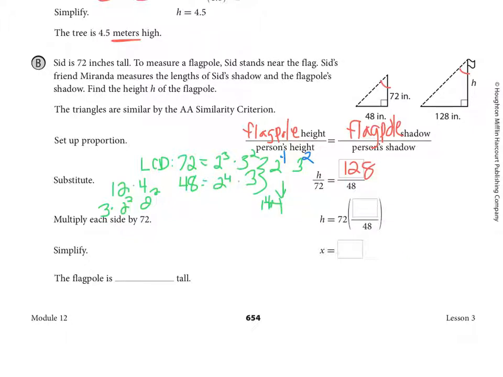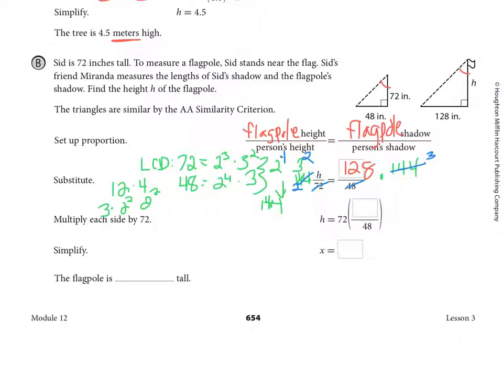Sorry, stylus issues there. 144. So if I multiply both sides by that LCD, what's going to happen is that we're going to cancel out with common factors in the denominators. This is going to leave me a 2, and this is going to leave me a 3.